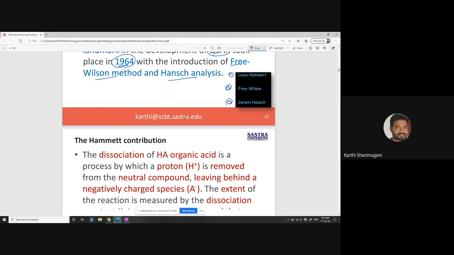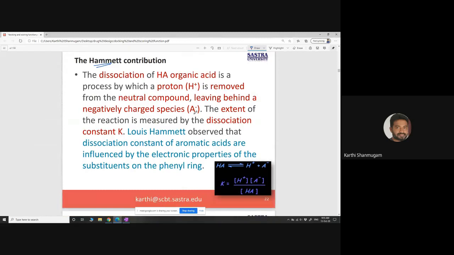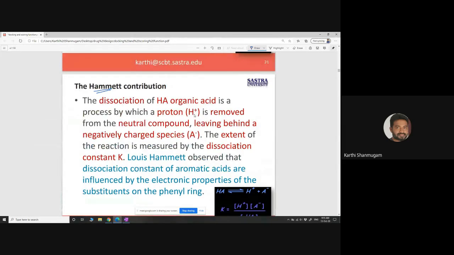Let me explain the contribution made by Hammett. If you take organic acids, we can classify them into strong acids or weak acids.